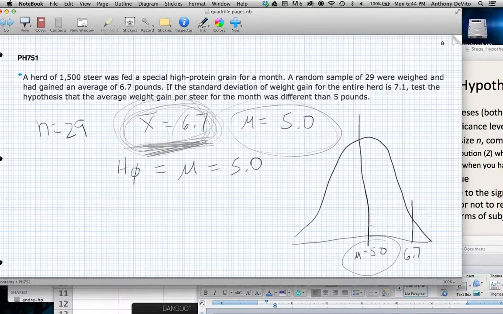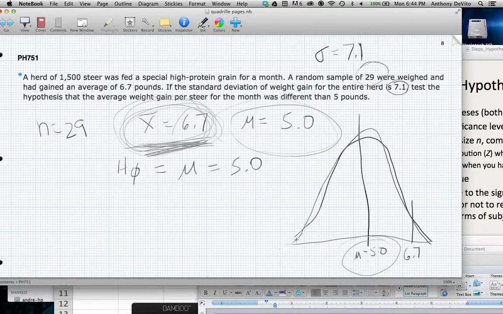Well, if I took repeated samples from a large population that had a standard deviation of 7.1, and repeatedly took samples of size 29, I could draw a distribution which would represent my expectation for the distribution of all those sample means. Since sigma is equal to 7.1, we know the population standard deviation.